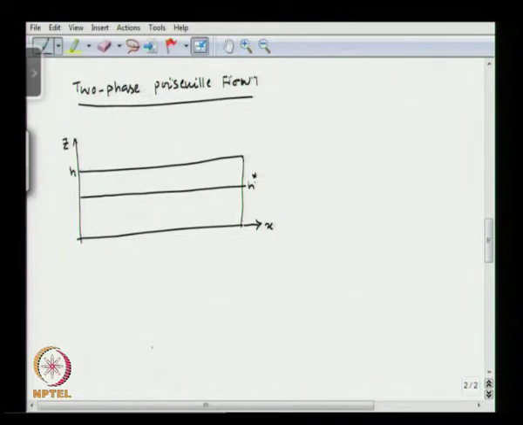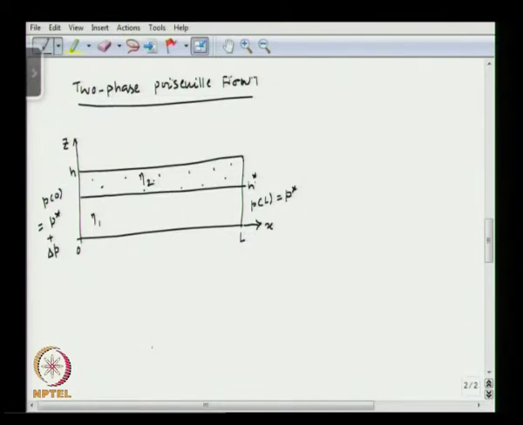So here we have P0 at the inlet, which will be P star plus delta P, and here P L will be equal to P star, this is L. This fluid has viscosity eta 1, and this fluid has a different viscosity, eta 2.